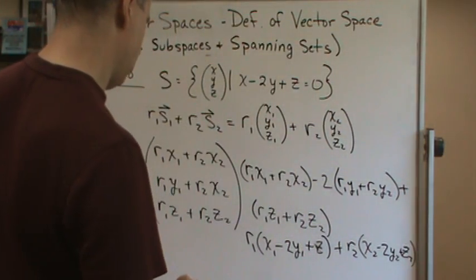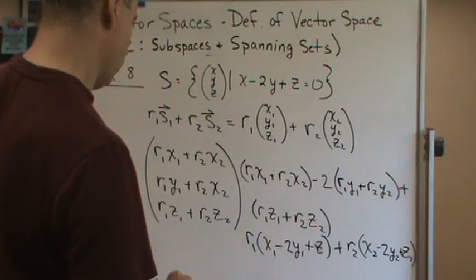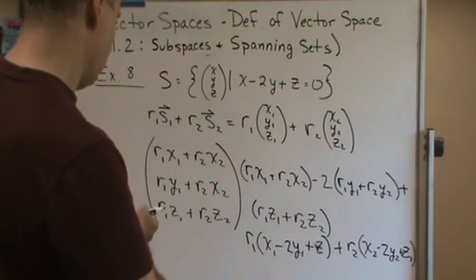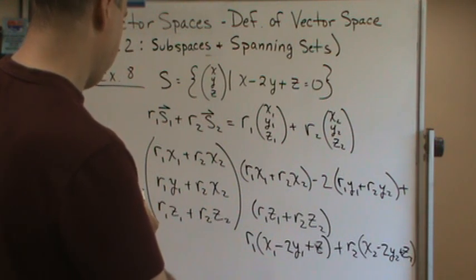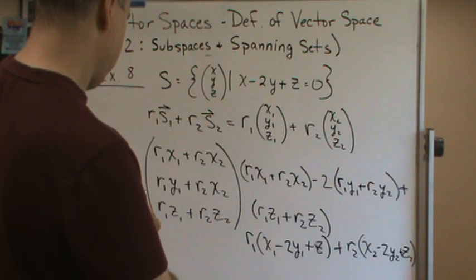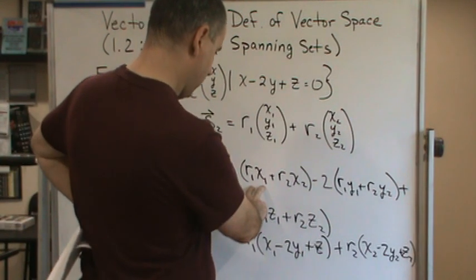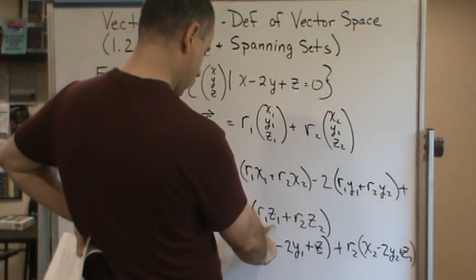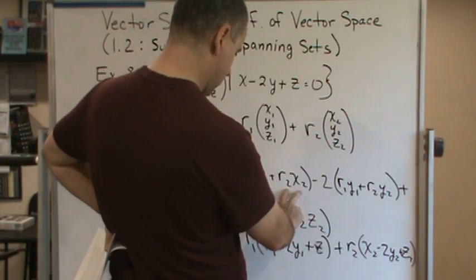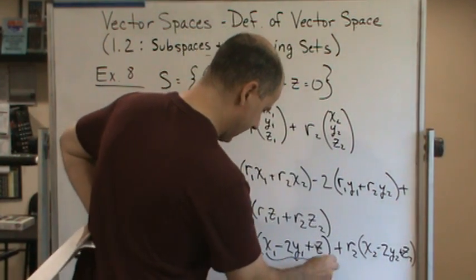Yeah, because we get R1 times X1 minus 2 Y1 plus Z1, and then we get R2 times the same thing. So watch, this is in S, so this turns to 0.